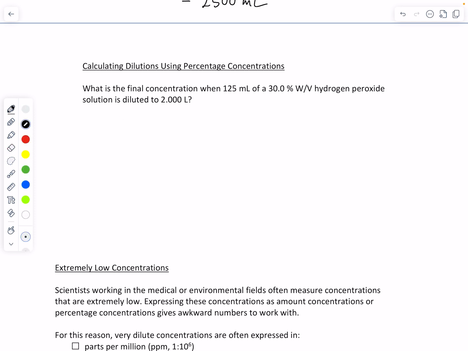We have an initial volume of 125 milliliters or 0.125 liters, with an initial concentration of 30% weight per volume. And we're going to dilute this to 2 liters. And we want to know the final concentration.